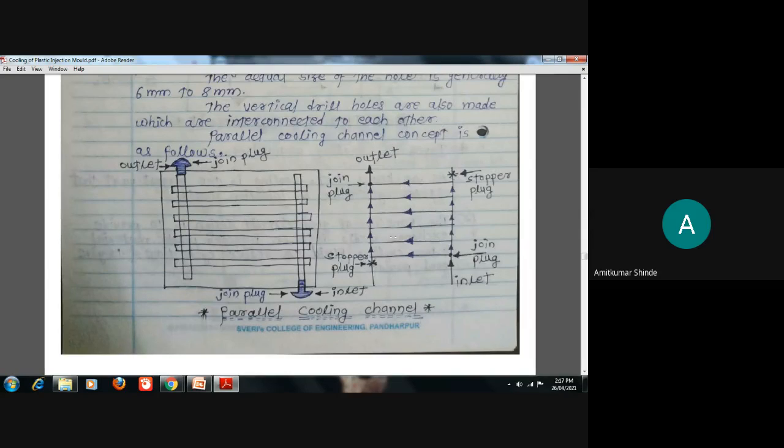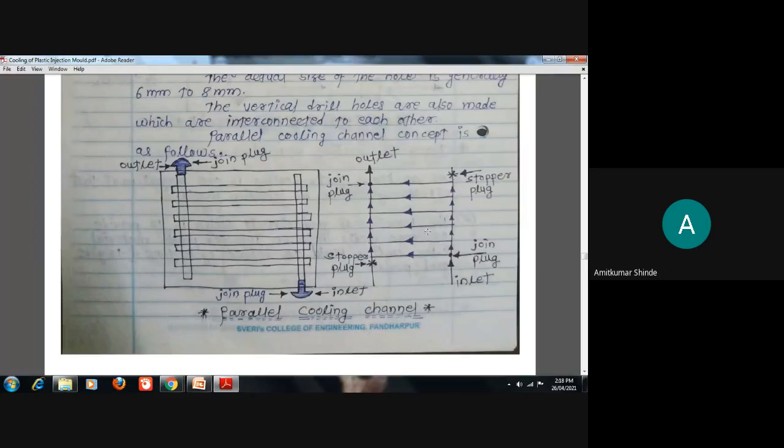The circuit formed by combining all the ways or directions is termed as the cooling circuit. So these two important terms are there: flow ways and cooling circuits. The path through which the cooling fluid is flowing in that particular cooling channel is termed as flow way.